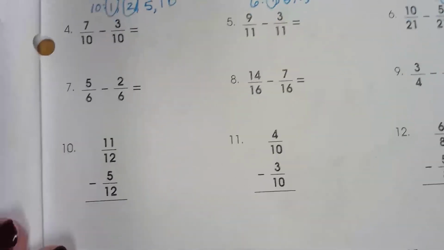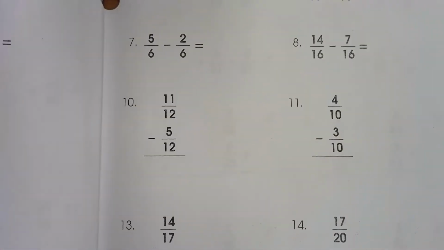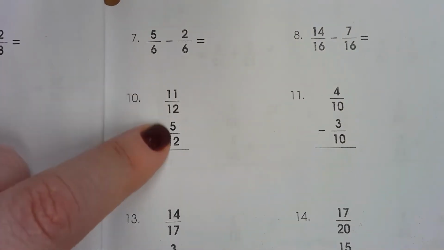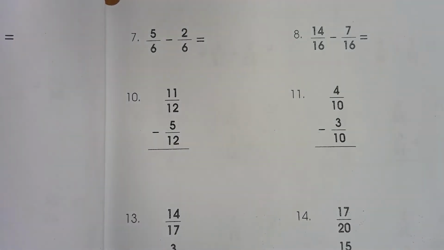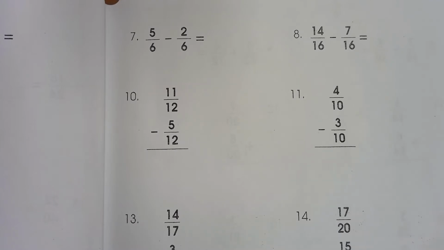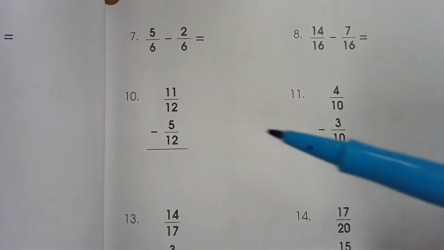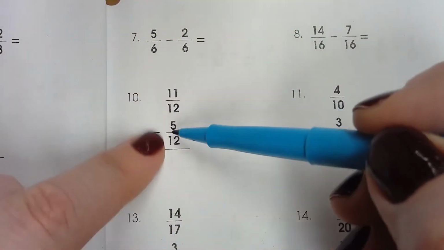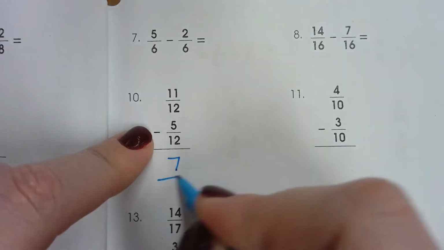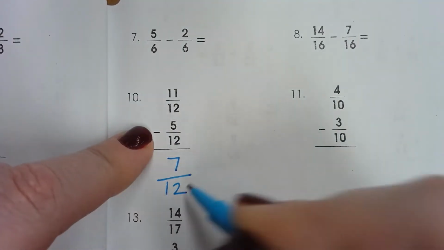Okay. Let's take a look down at number 10. We have 11/12 minus 5/12. Now they set it up vertically for us. Again, the steps stay the same. Subtract the numerators, keep the denominator the same. So we have 11 minus 5 is 6, and my denominator is a 12.